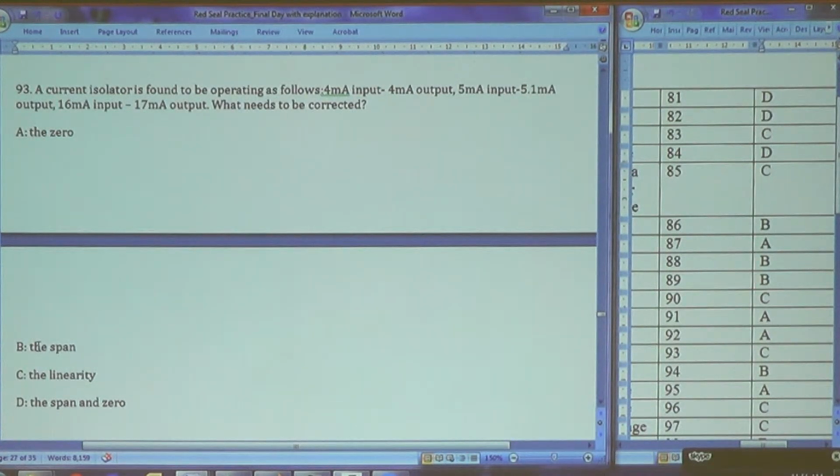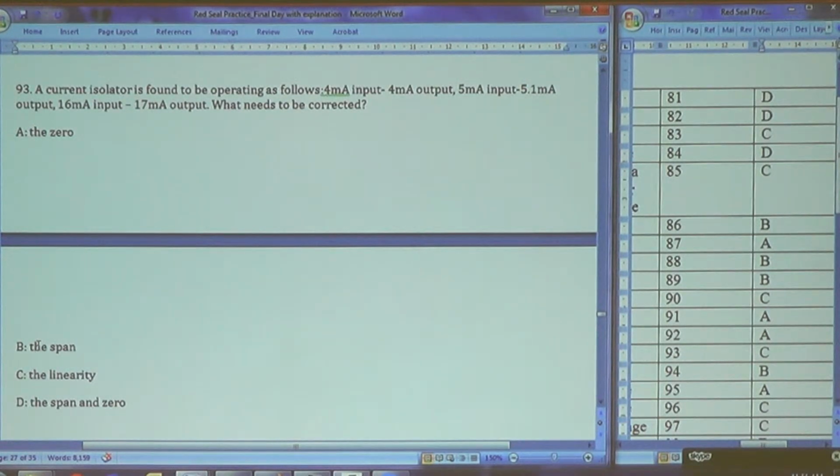I mean the span is zero. Well, the 4 milliamp is only 4 milliamps, so no need for zero on that. And we have 5 to 5.1 and 16 to 17, we have to span over there.